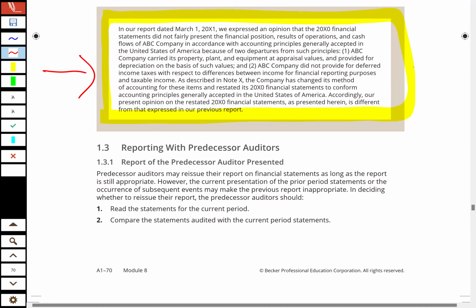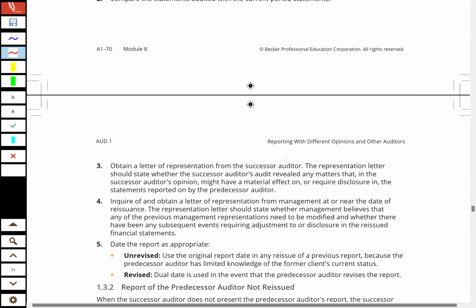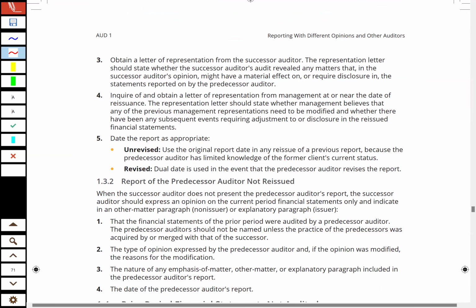My options are to either present your report to show it, so I will simply have your report and my report side by side. Here's your report for 23, here's my report for 24. Or I could make a decision to say predecessor not reissued, in other words, not presented. Okay. So those are the options.